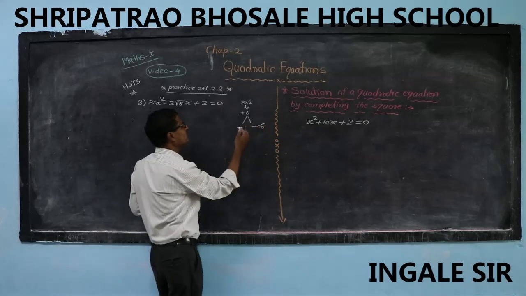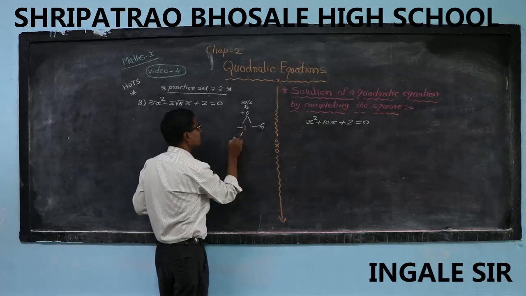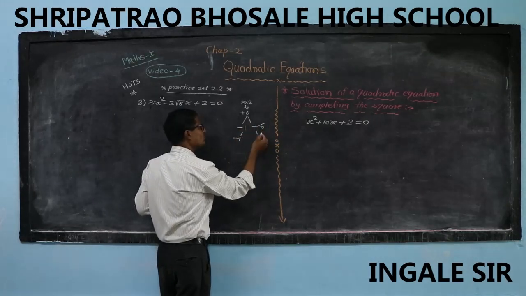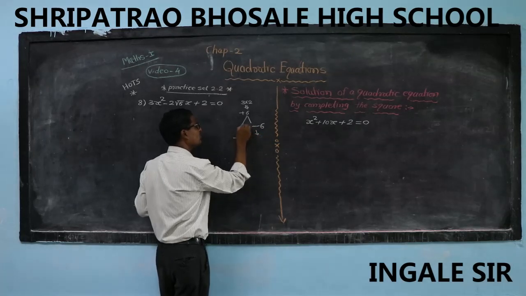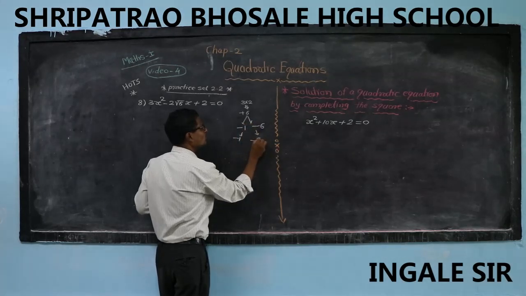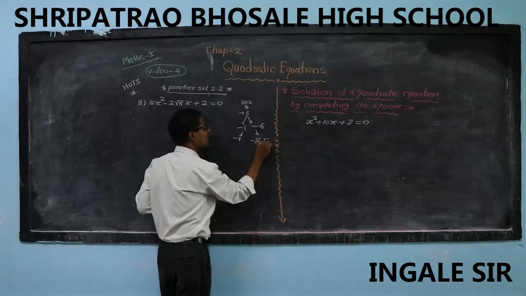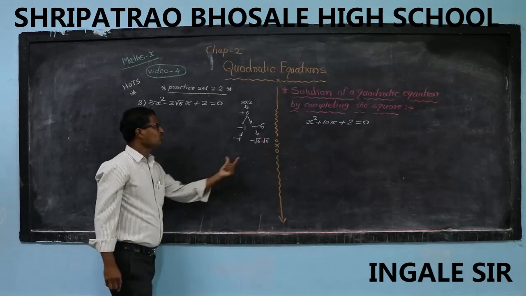So we have to convert this in this way. We have to convert this 6 as minus root 6 into minus root 6.